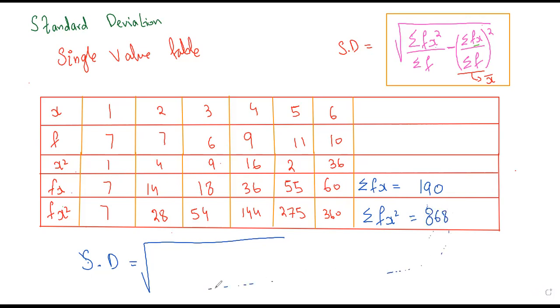Perfect. Now, what do we need? We need summation f. Yes, we also need to find that. So what is summation f? Seven plus 7, that is 14, plus 6, 20, 29. 29 plus 11, that's 40, 50.